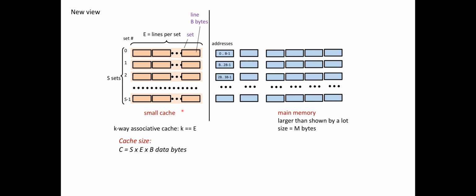Okay. And so now we've got our memory addresses showing up like this. If our block size is B, the addresses from 0 to B minus 1 are going to be in this block. And then from B to 2B minus 1 are going to be in this block, 2B to 3B minus 1, and so on.